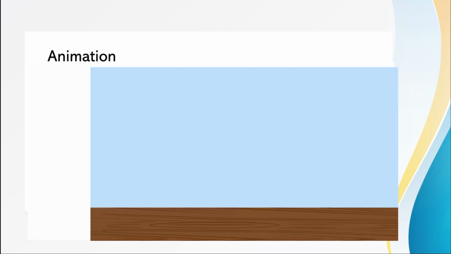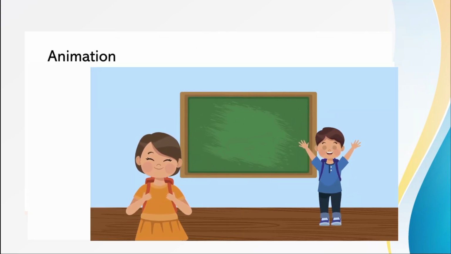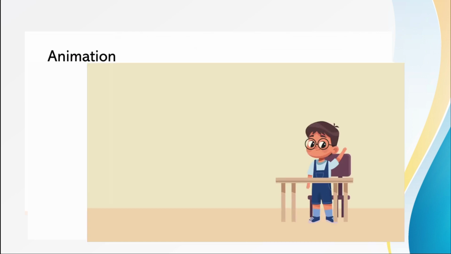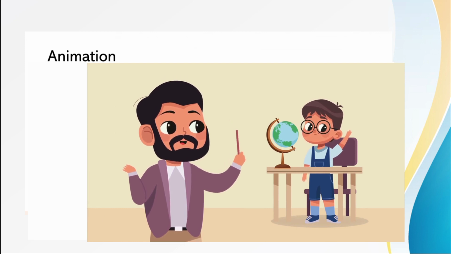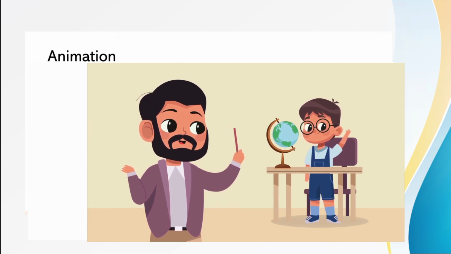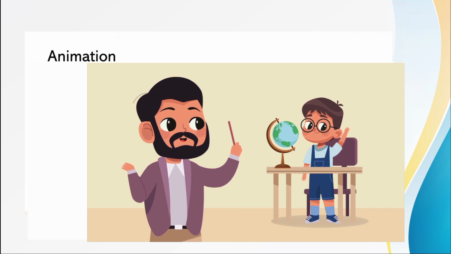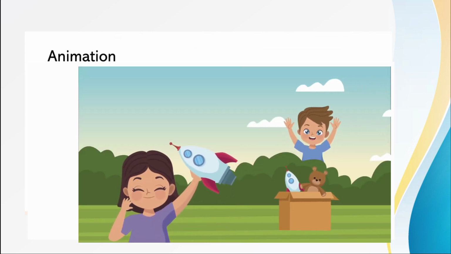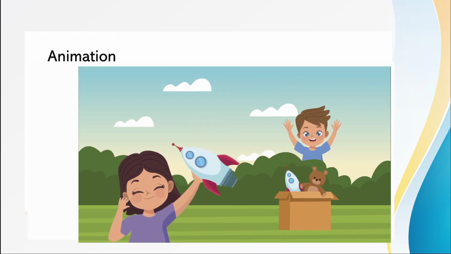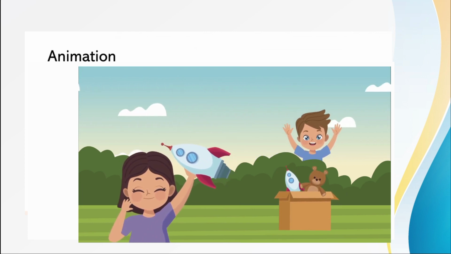Number 5, animation. Animated elements are common media applications. It is a series of images put together to give the effect of movement. In multimedia, 2D and 3D digital animation is used. Movement, rather than just viewing a still image, is especially useful for illustrating concepts that involve movement.